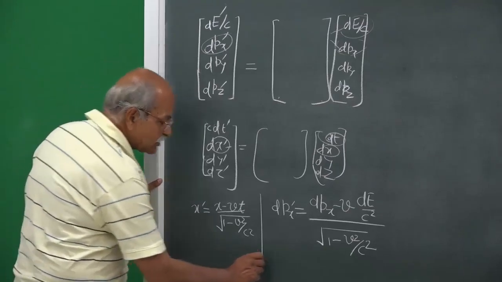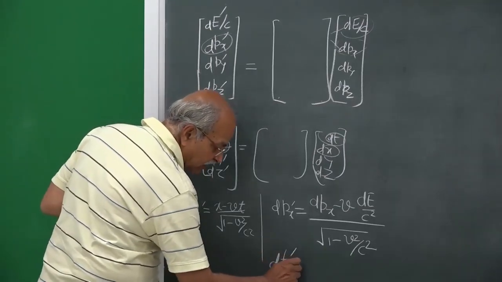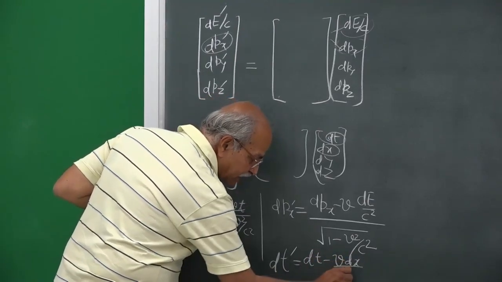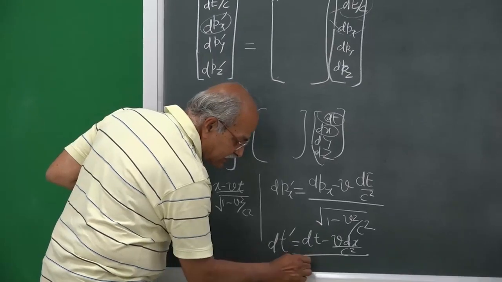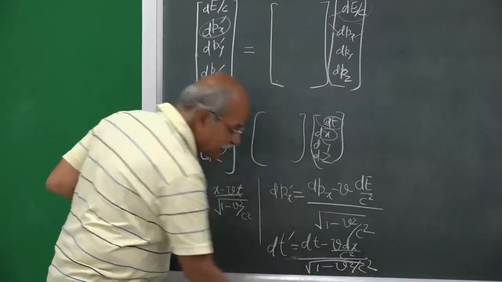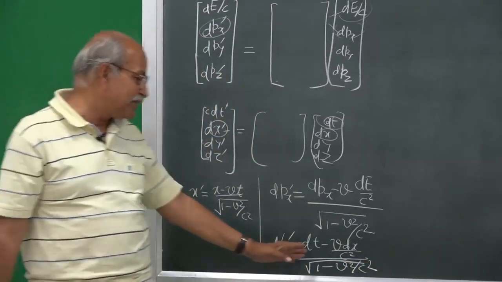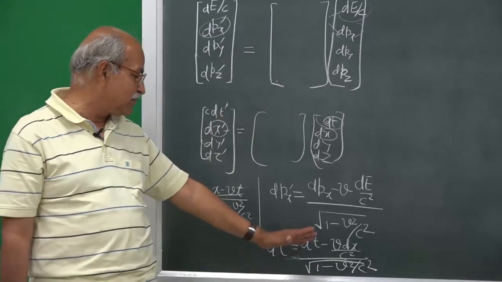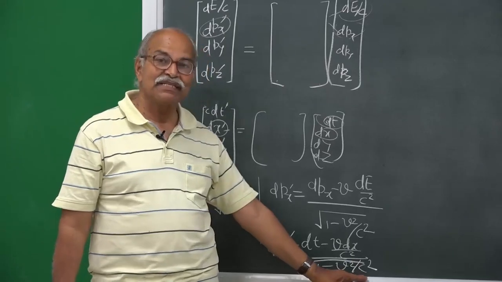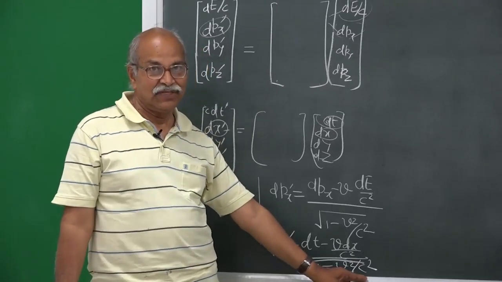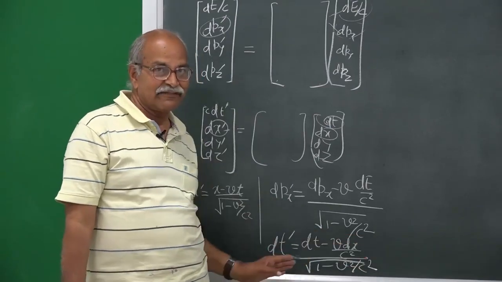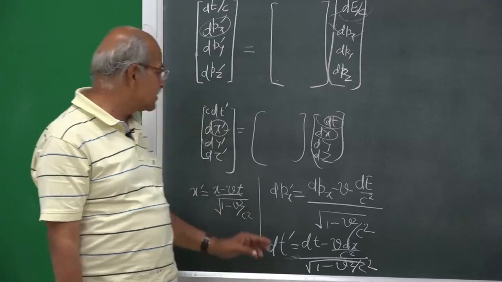So dt prime is equal to dt minus v dx by c square, divided by square root of 1 minus v square by c square. This we have been using from the very beginning: t prime is equal to t minus vx by c square divided by square root 1 minus v square by c square. So here only we have dt prime, dt and dx, otherwise the transformation is the same.